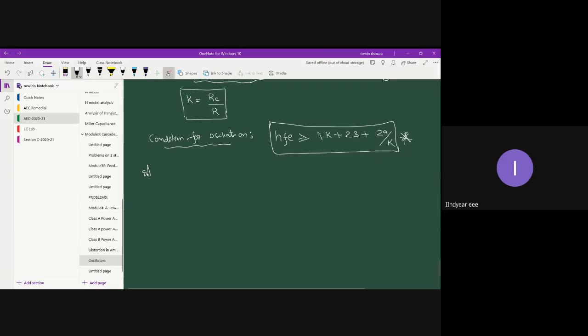Advantages. The major advantage is simple construction.